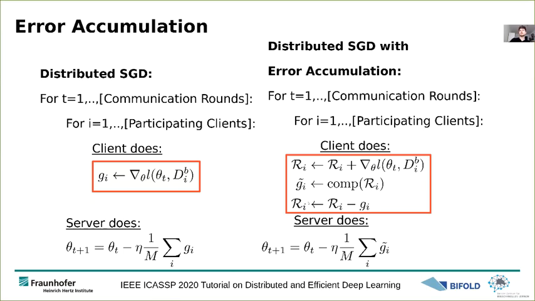And in the next communication round, we add this residual to the gradient that we've just computed. So what happens is the information lost by applying the compression is not lost forever. It's just delayed in time. It's a different form of communication delay, but has other characteristics.